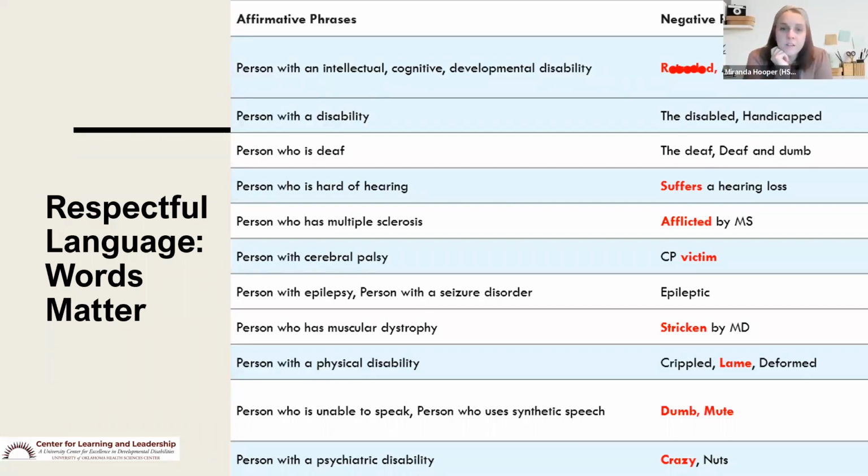And right here we have a list of affirmative or positive phrases, and then the negative phrases that have historically been used but are no longer, there's better ways to say things these days.